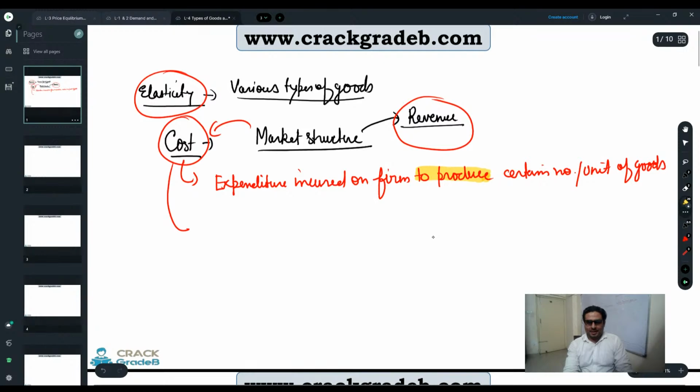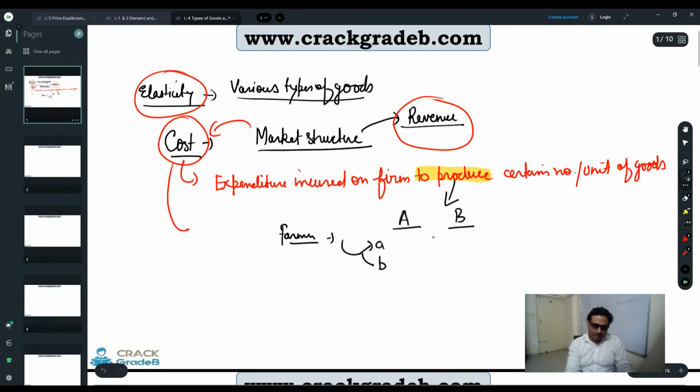Sometimes I repeat too many times. So, expenditure incurred to produce. What to produce? Should I go for production of good A, or good B? Similarly, sometimes even a farmer has this issue: should I go for crop A or crop B?